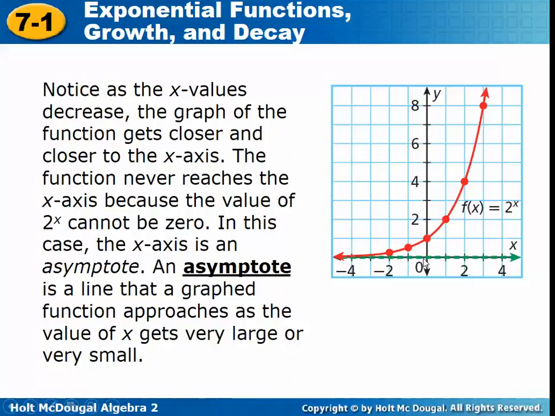So it'll get closer and closer to the line, in this case the x-axis, or the line y equals 0, the more the x value decreases. There is no asymptote as x increases because it's going to keep growing and growing. It'll grow quickly, but there won't necessarily be a limit to that.